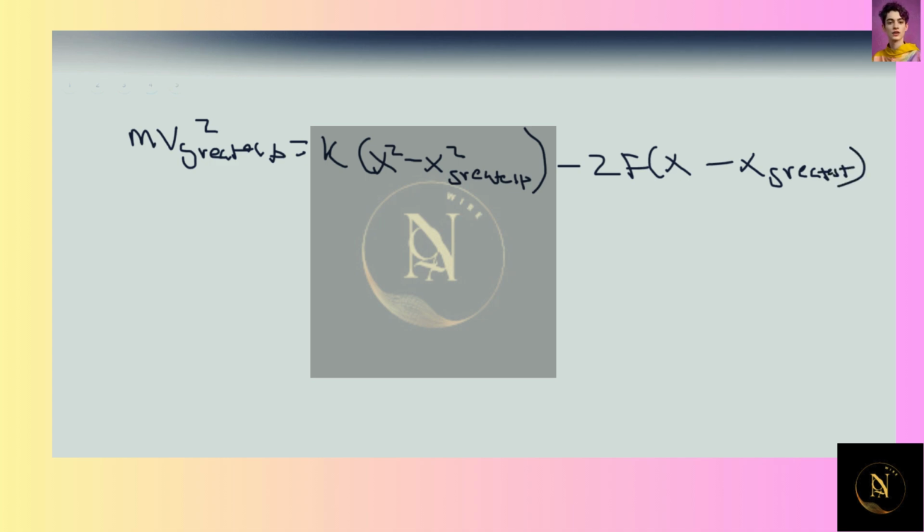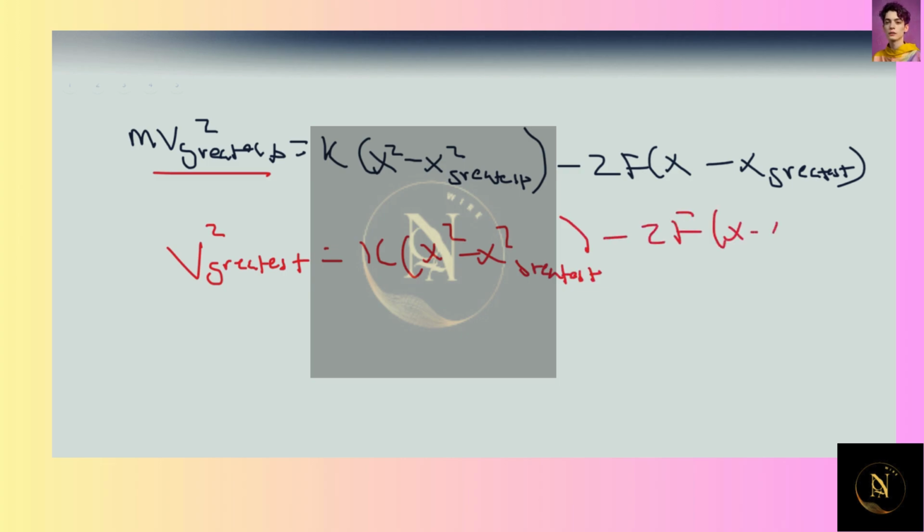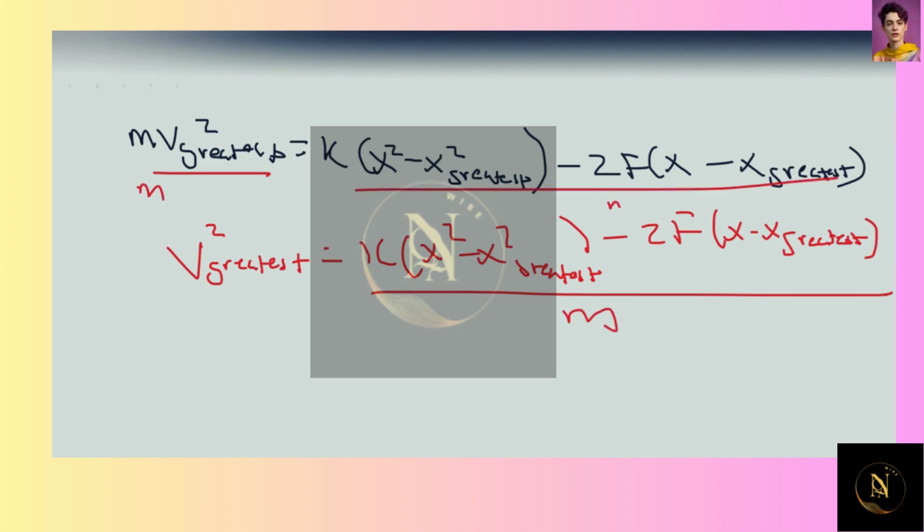Again, our goal is still to solve for v squared greatest, so v squared greatest is k times x squared minus x greatest squared, minus 2F times x minus x greatest, all over m. We divided by m on both sides, as you can see.